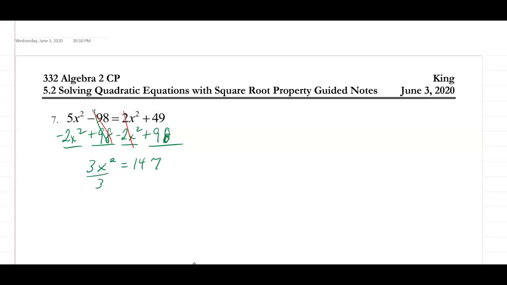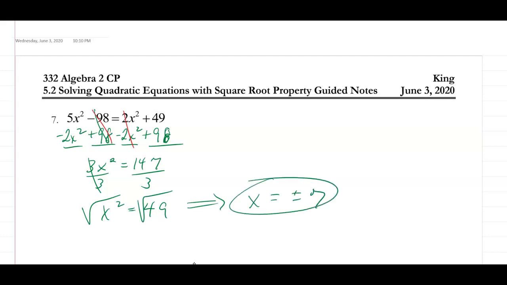And we're going to divide by 3 on each side, and we'll get x squared is equal to 49. And when we take the square root of both sides, we get x is plus or minus 7.